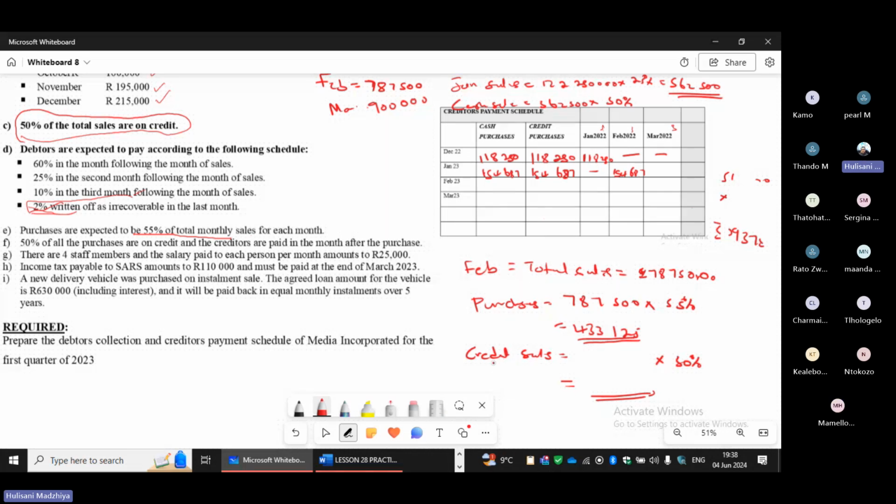And therefore, to calculate the credit sales, it will be 433,125 multiplied by 50%.